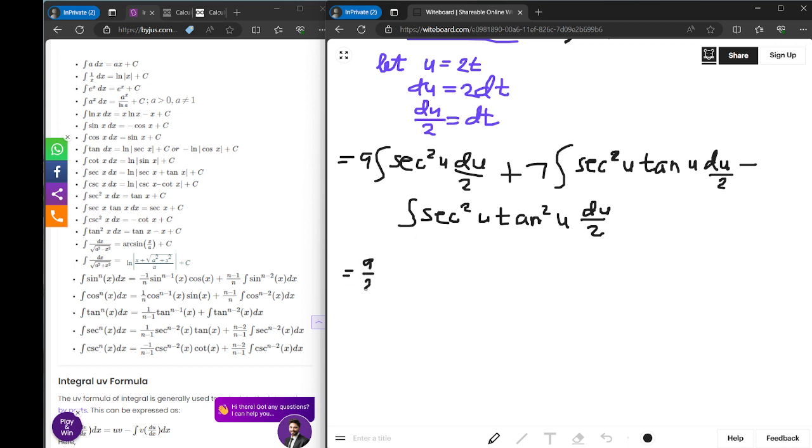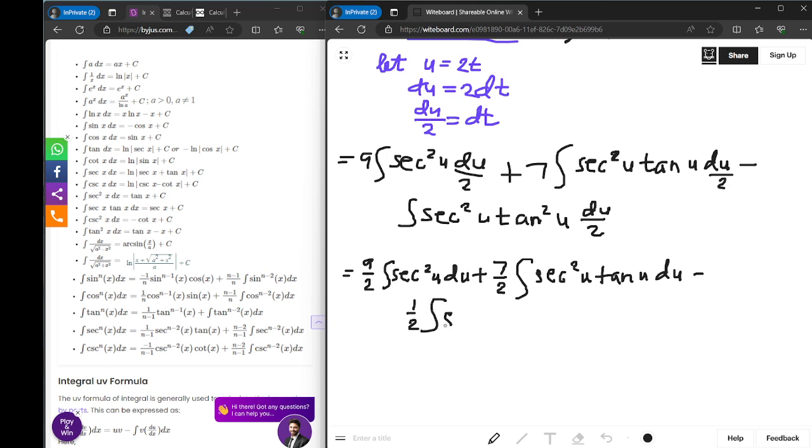So that's 9 over 2 times the integral of secant squared of u du plus 7 over 2 times the integral of secant squared of u tangent of u du minus 1/2 times the integral of secant squared of u tangent squared of u du. Okay, we have to check for trigonometric identities.